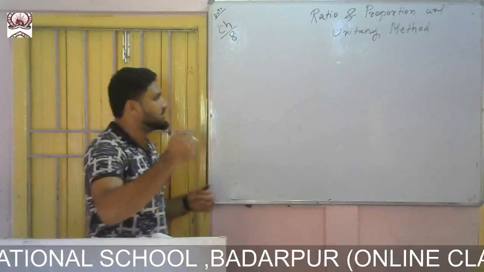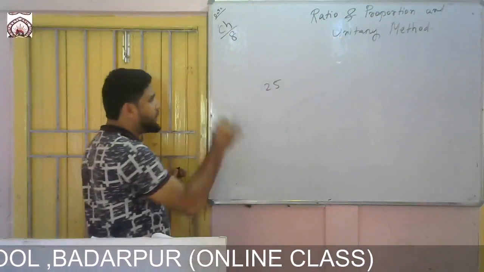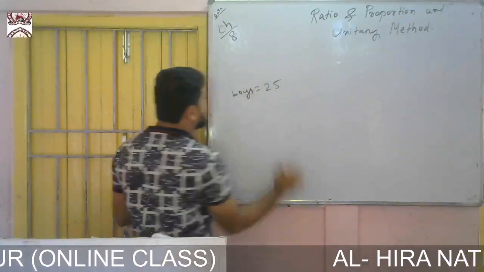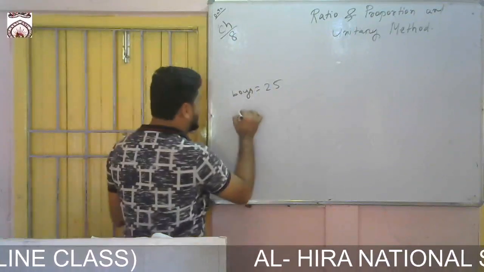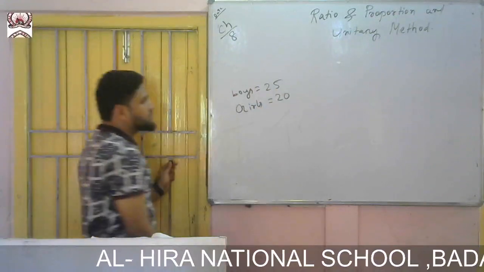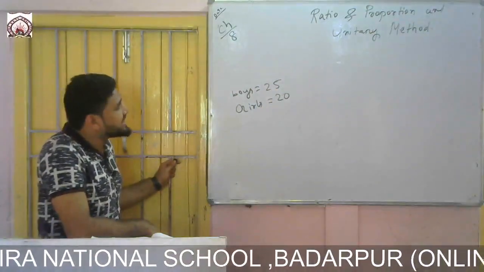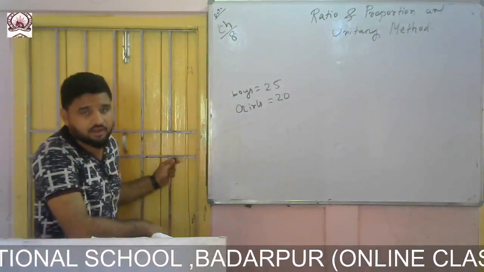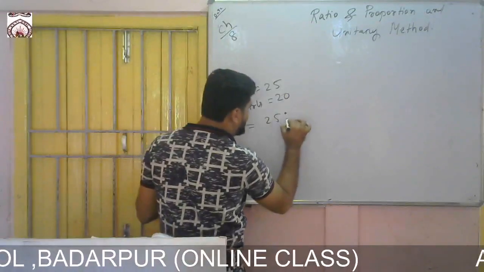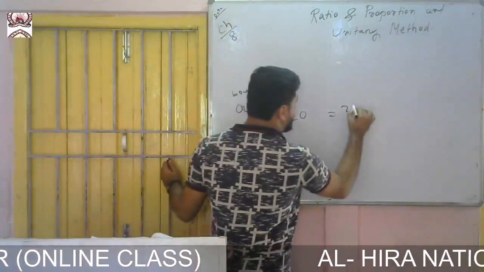Suppose in a class there are 25 boy students and 20 girls. If I ask what is the ratio of the boys to the girls, I can write the ratio of boys to girls as 25:20.